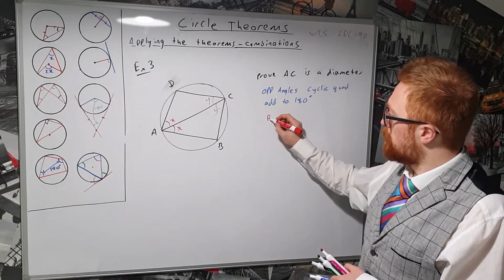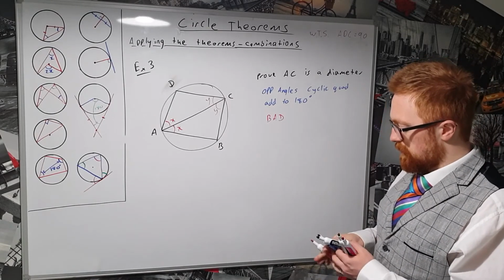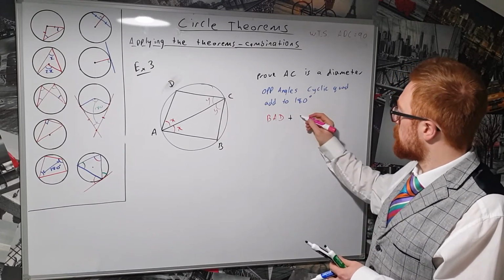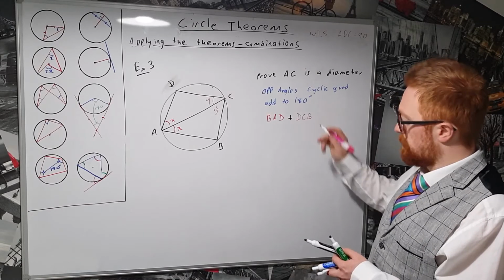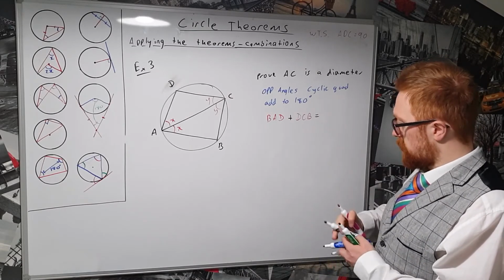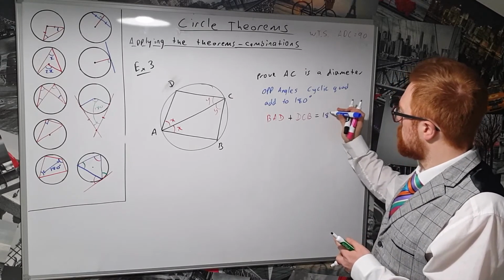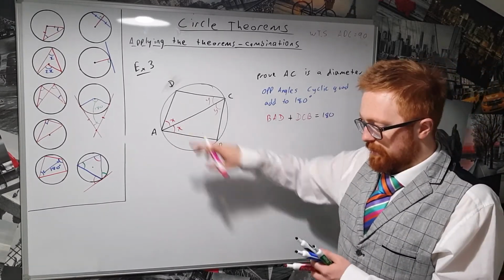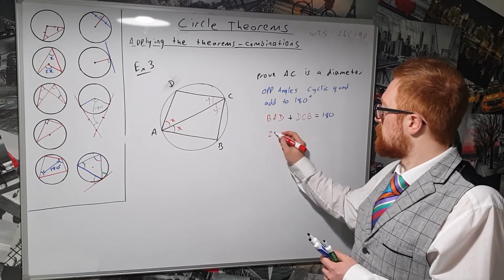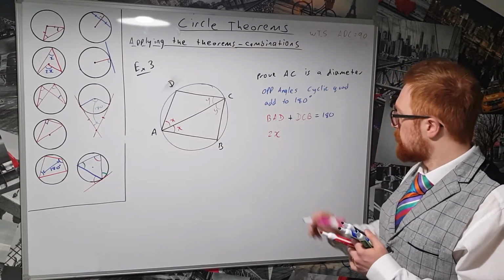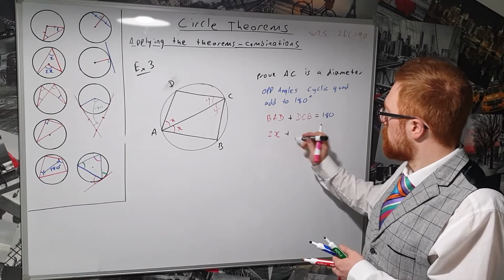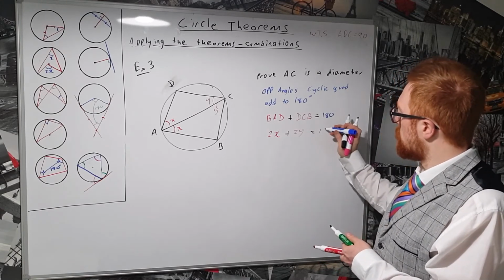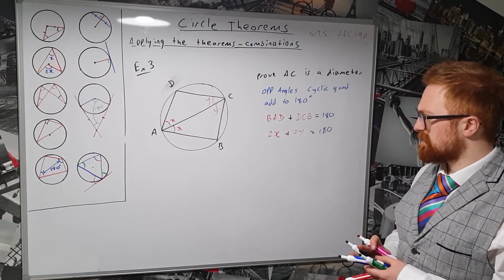So I know that BAD plus DCB is equal to 180. Now BAD is 2x, DCB is 2y, and that has to be equal to 180.